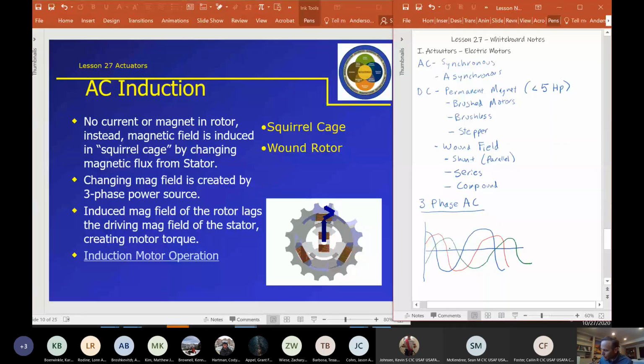The outer stator of the motor has 3 different sets of windings, and they're each carrying one of the phases of the 3-phase power. And as those currents are flowing through those wires, you're getting a changing magnetic field.